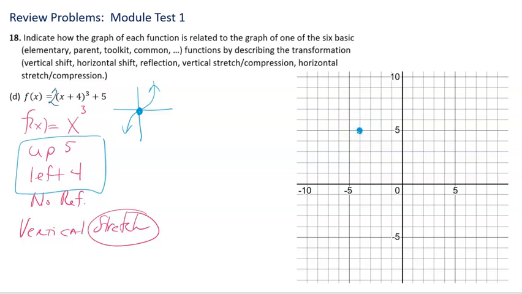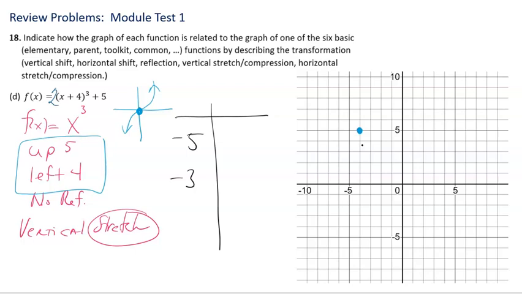Okay, and my suggestion is to always plug in points on each side of that point, except when you're dealing with square roots. When you're dealing with square roots, you can only plug in points on one side. But that is x equals -4, so let's plug in x equals -5, and let's plug in x equals -3. And remember, we've already got -4 plugged in.